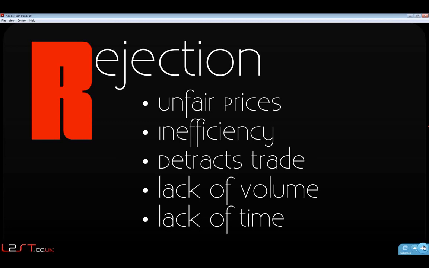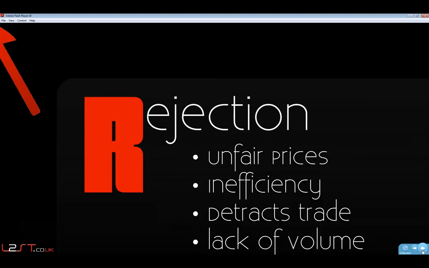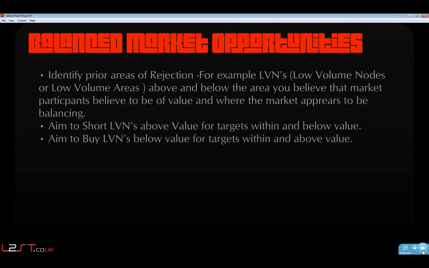So now I'm going to look at some basic simple rules for setups for applying this theory and understanding it within the context of both balanced and imbalanced market phases. Firstly, let me talk about some of the characteristics of balanced markets.